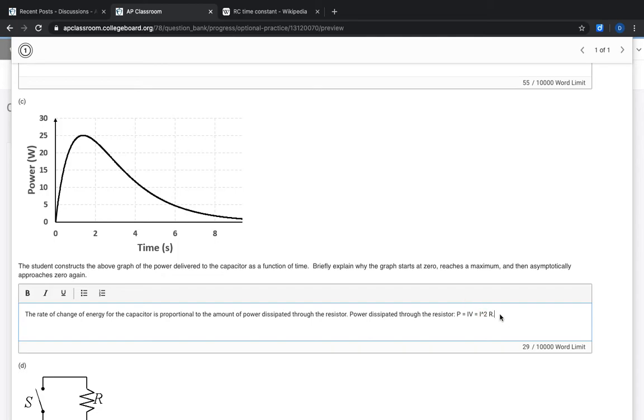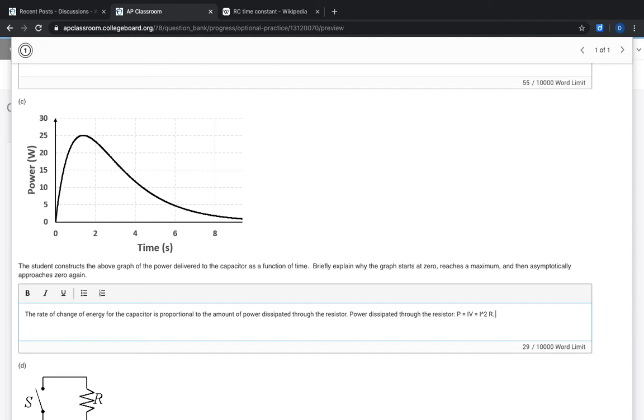And so what's happening here is when we first close the switch, the current is maximum. Okay, if the current is maximum, that means that the power dissipated through the resistor is a maximum. And that's what we see here. So we see power is a maximum, okay? And so let's go ahead and write that down.